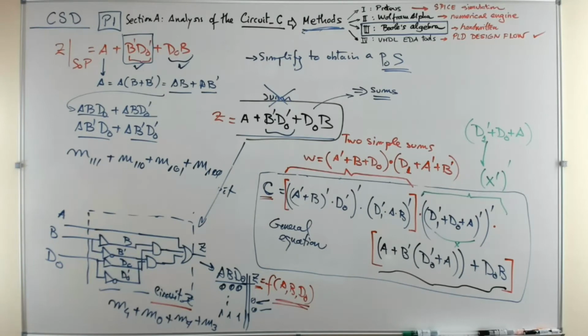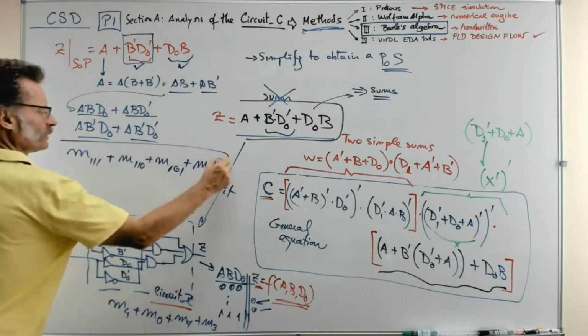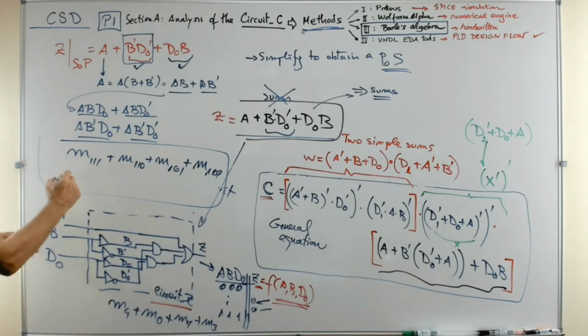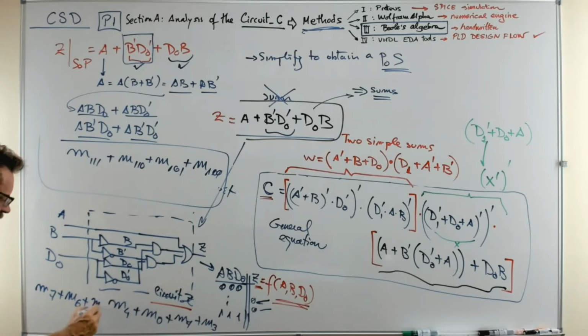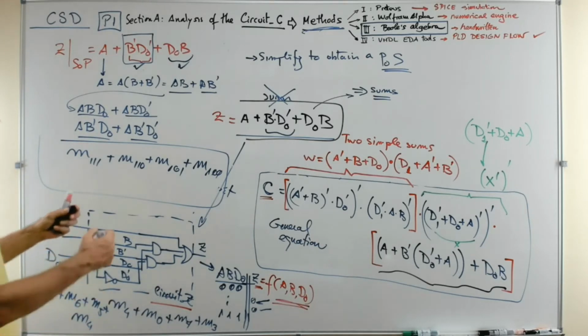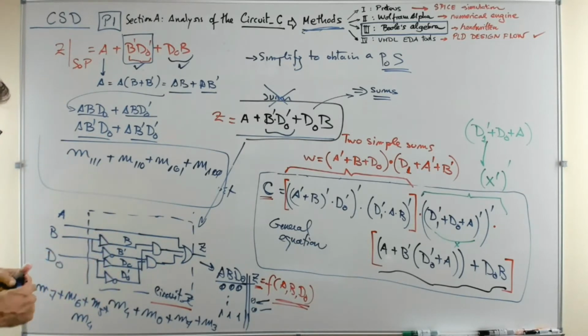So in the end, composing them all, you now have the minterm 7, the minterm 6, the minterm 5, the minterm 4, and another time the minterm 4. But the minterm 4 or the minterm 4 is the same, so no problem here.